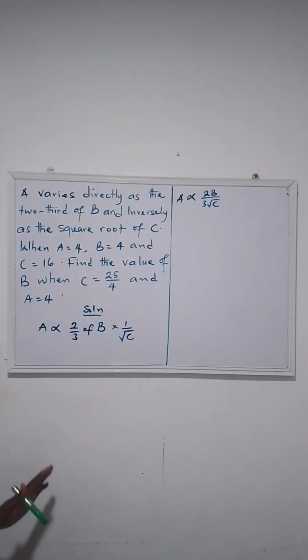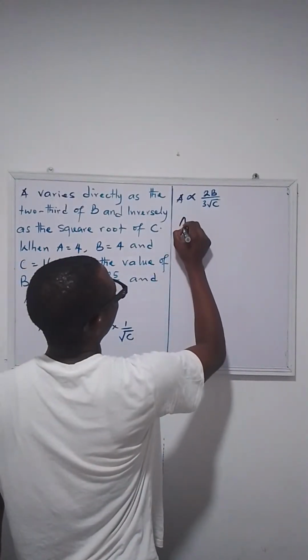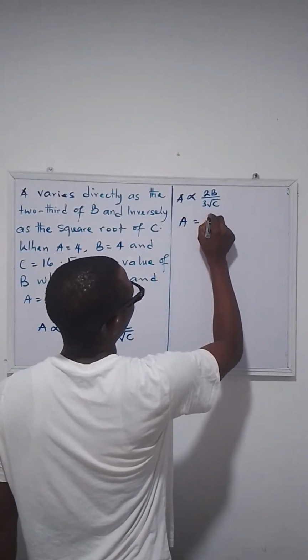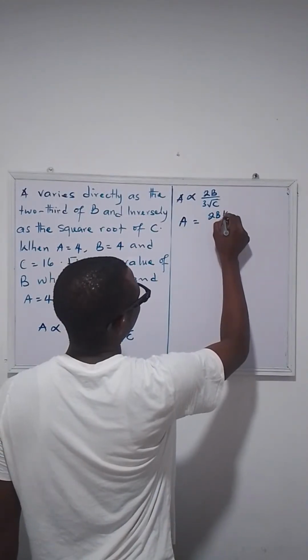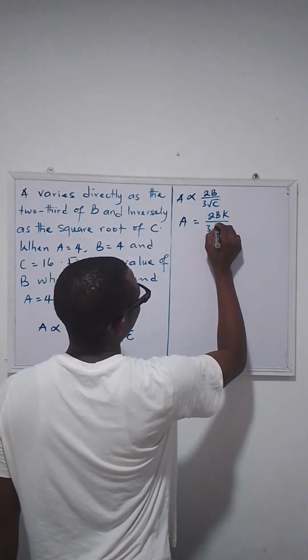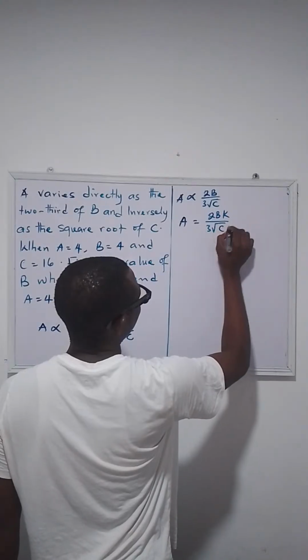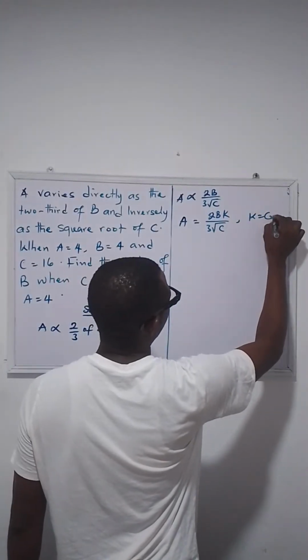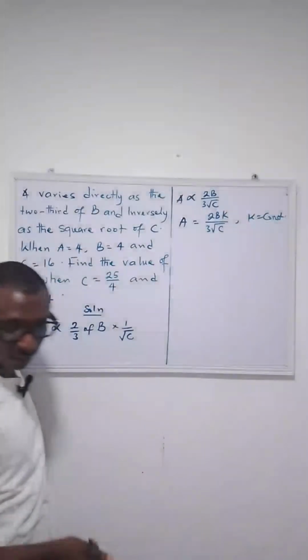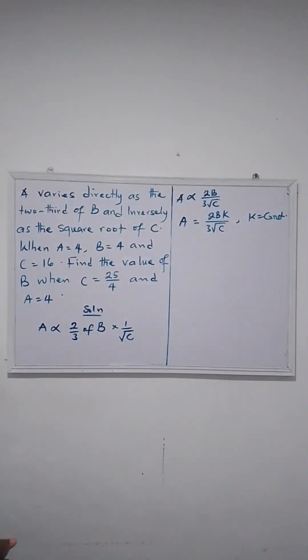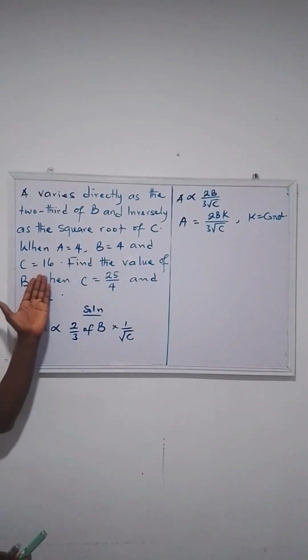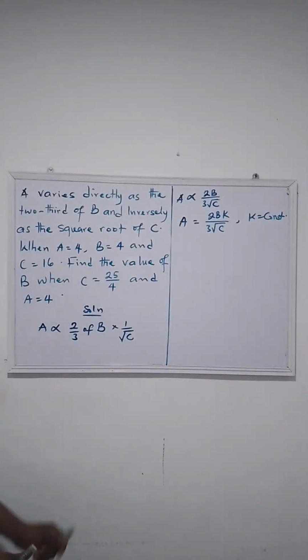Now, you can introduce the proportionality constant. So we have A equals 2BK over 3 square root of C, where K is a constant. I hope you understand that. Okay, let's move further. Now we have been given the values of A, B, and C, so let's plug them in.